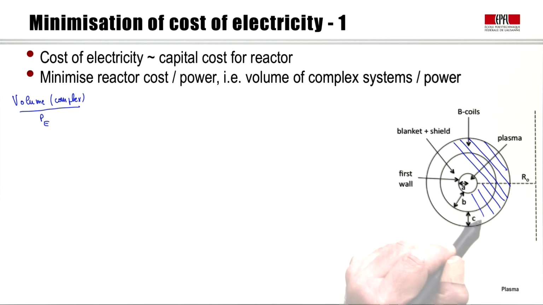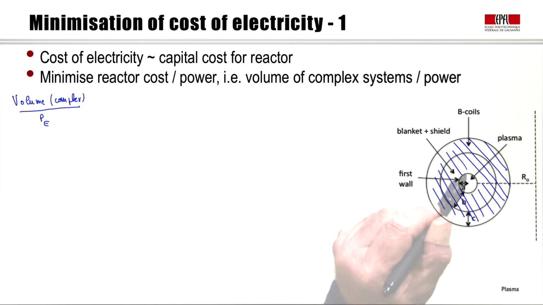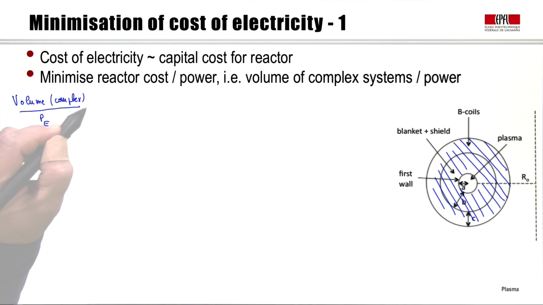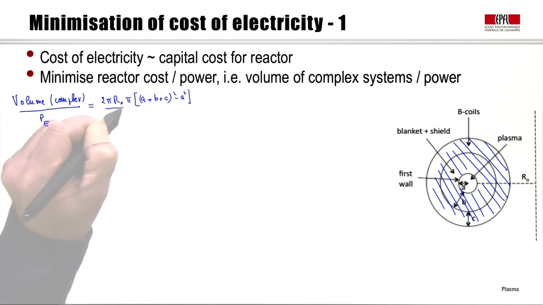Because the plasma is essentially only very few particles that we put in a vacuum and they will be ionized. So it is not something we build with high technology. So I need to evaluate the volume of the system overall minus the volume of the plasma.